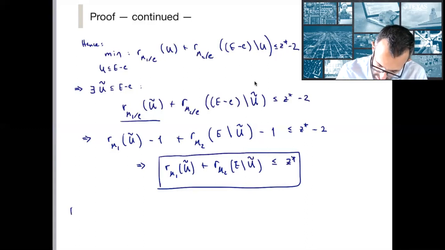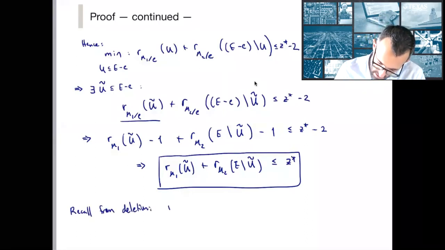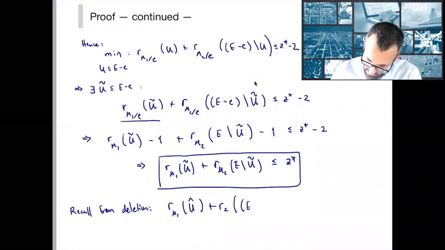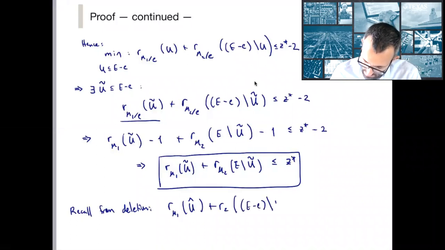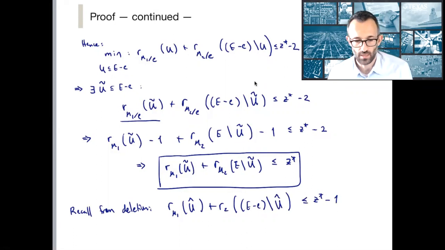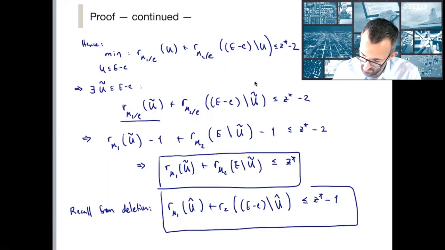And recall, I'll put the other inequality here as well, and we had this from deletion, not from contraction. We had that R of M1 of U hat plus R of E minus U hat is less than or equal to Z star minus 1. So we're getting close. We're basically going to add these two inequalities.